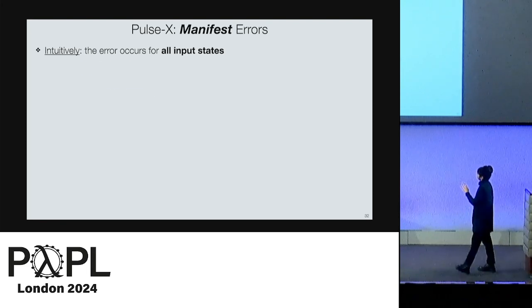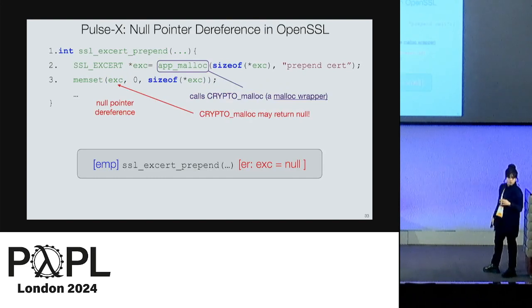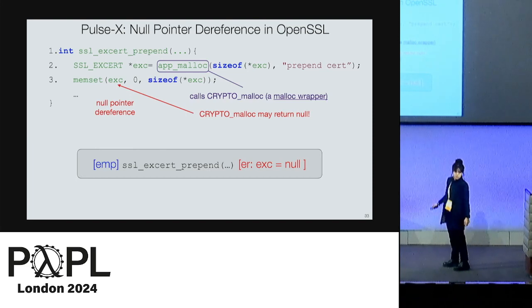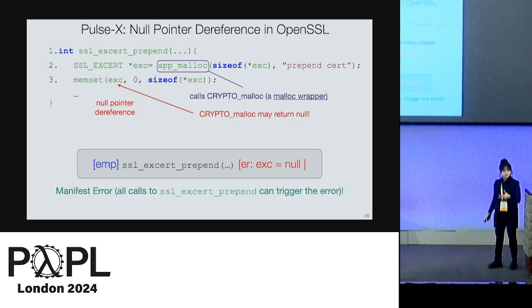There is a formal definition that I'm not going to go into, and an algorithmic justification that actually implies the formal definition. So for instance, here, you would see that I've even abstracted away the arguments of the procedure. It doesn't matter what you pass it. This error always occurs regardless of the input. So here we can be confident that this is a manifest error, because it's always possible.